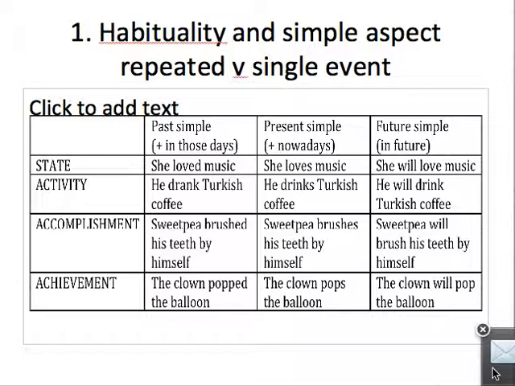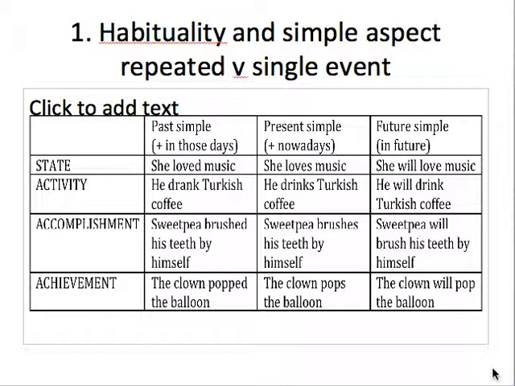It can either refer to a repeated or habitual event or a single event. Okay, and to make it into the simple aspect referring to habituality, you can add on these particular phrases. So for the past, in those days; for the present, nowadays; and for the future, in future.